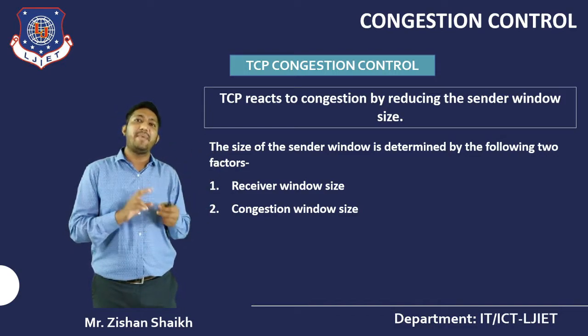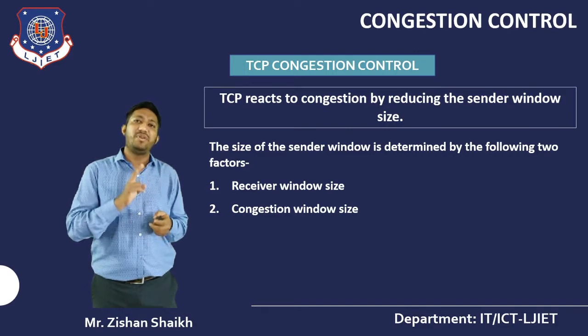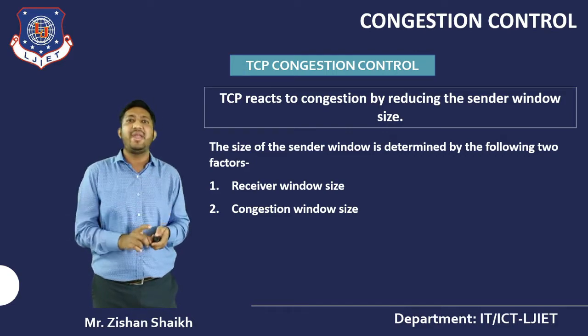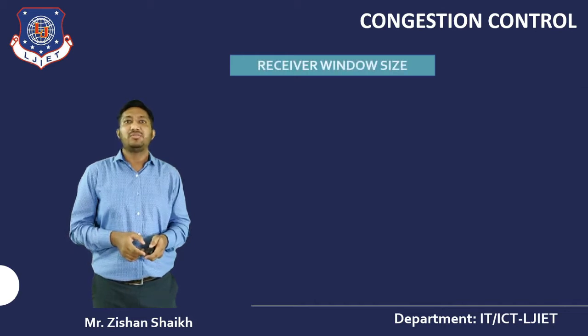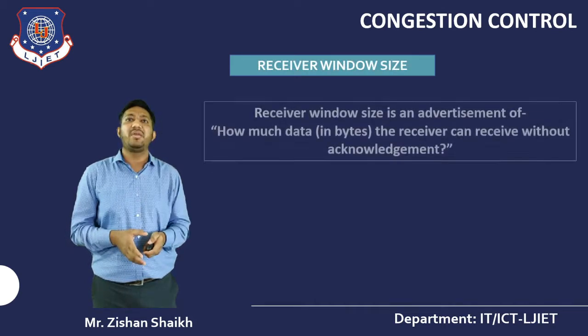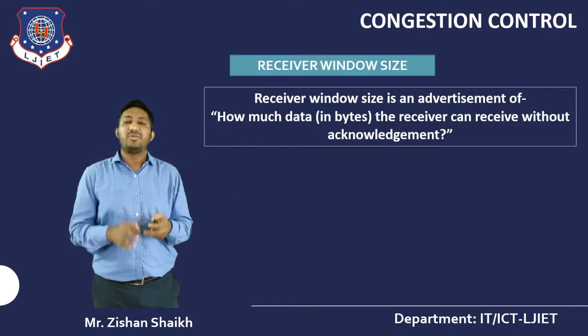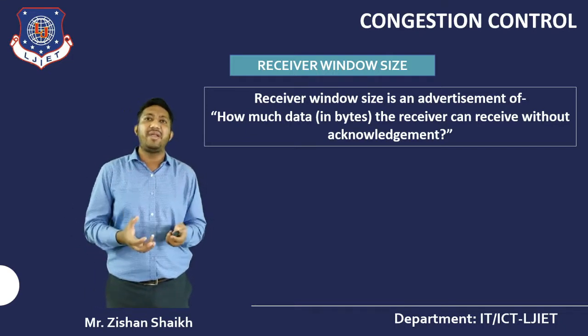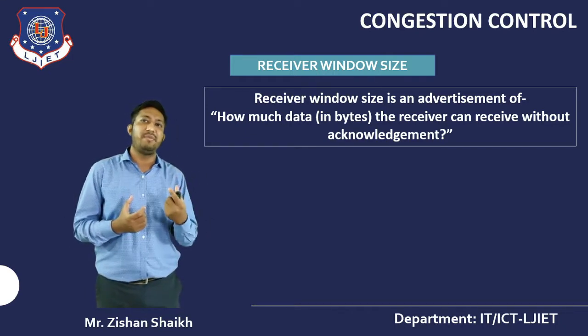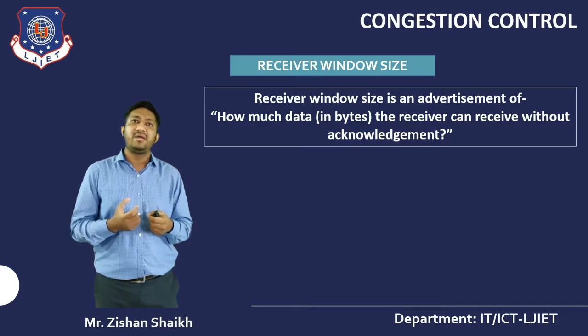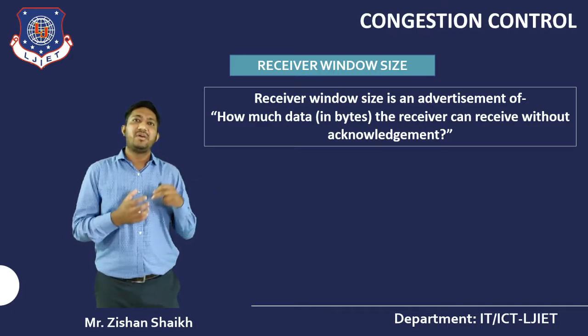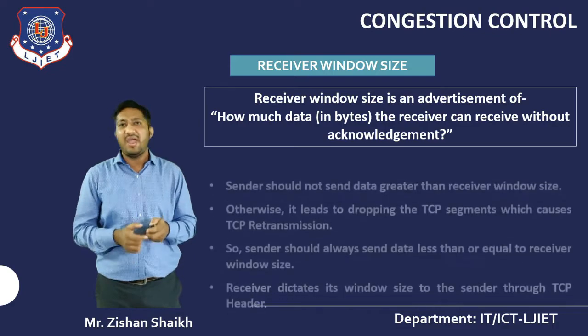That's why we are maintaining both types of window size here, the receiver window size and the congestion window size. So let's understand how it works at the receiver window size. The receiver window size in the advertisement message tells how much data, in the form of bytes, the receiver can receive without acknowledgement.